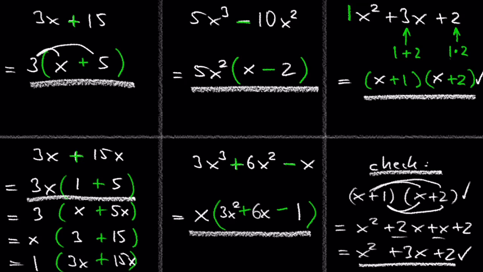So keep in mind, if you have a trinomial like this with 1 as the leading coefficient, then you can try this method. Again, you have to ask yourself which two numbers multiplied together are the constant and which same numbers added together are the coefficient of x.